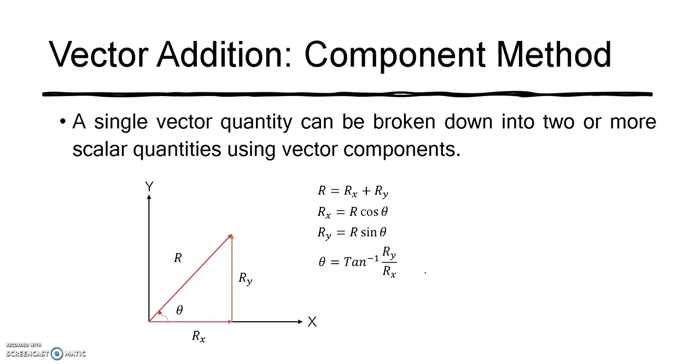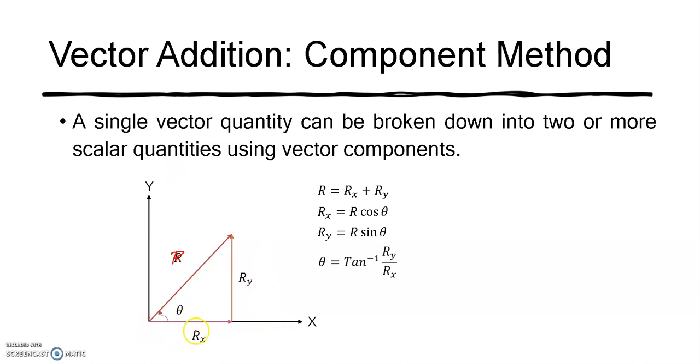So usually, if you are given this R here, you can see the R, and then an inclination, a direction of that vector R. What you need to do is to apply the component method, and then you represent it in the Cartesian coordinates x and y.